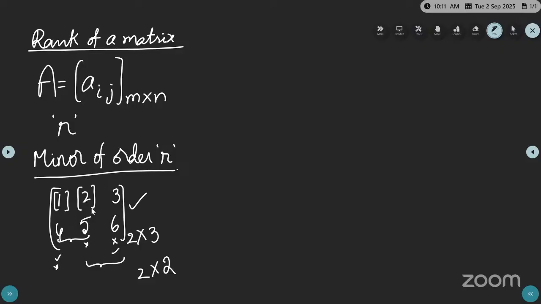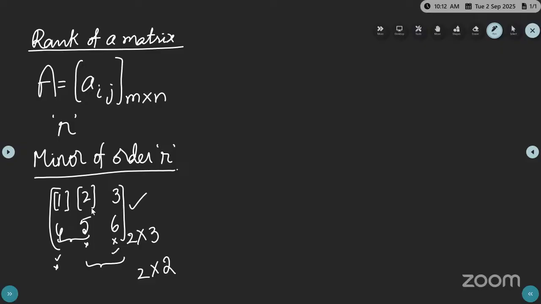The matrix obtained is known as a submatrix of order r by r.